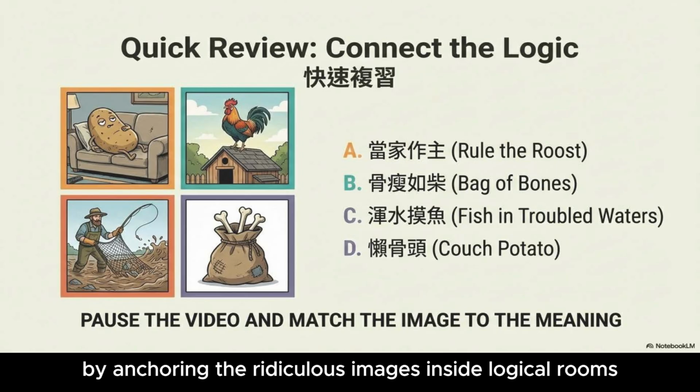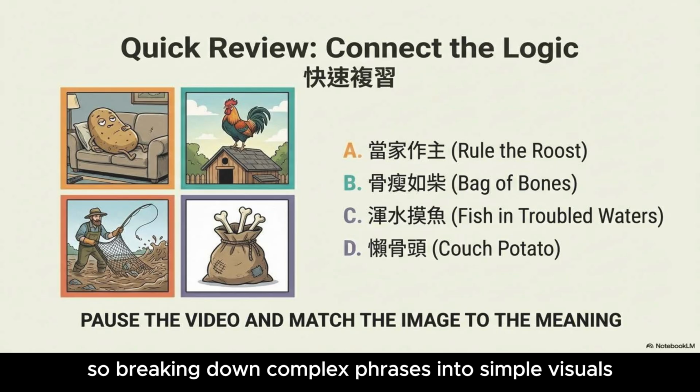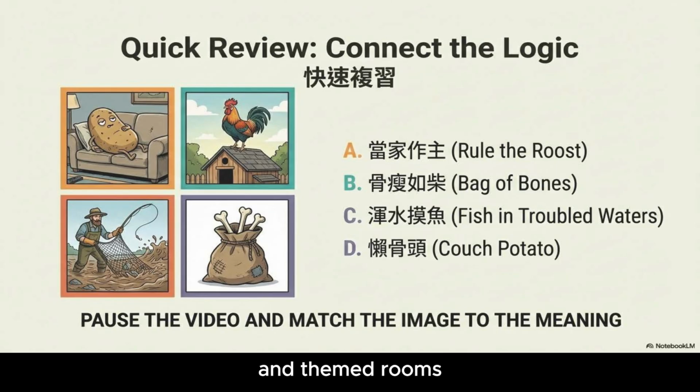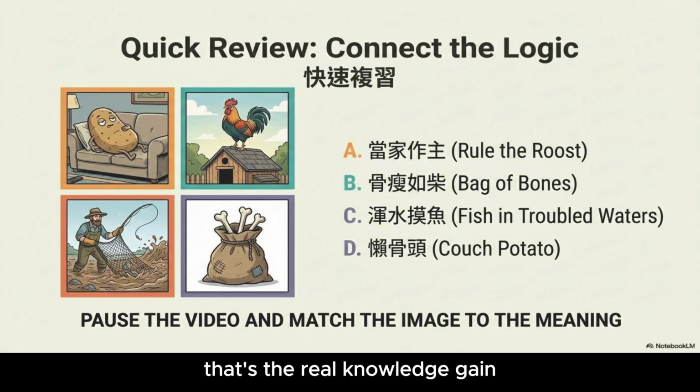I see. By anchoring the ridiculous images inside logical rooms, we created redundant retrieval paths. You can forget the exact word, but you won't forget the category, and that will trigger the image. So breaking down complex phrases into simple visuals and themed rooms, that equation of literal image plus logical bridge, that's the real knowledge gain. It's a mechanism for accelerated learning.